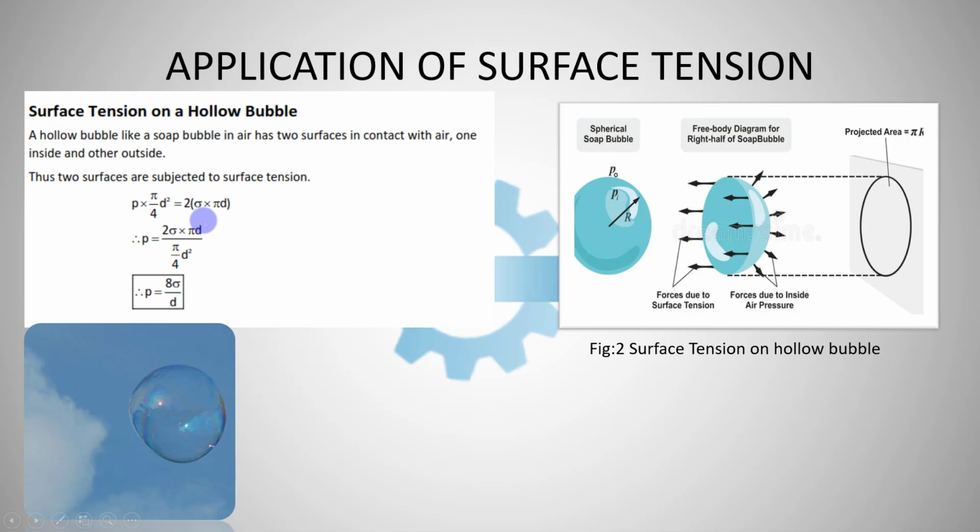Why do we write 2 here? Because I have already told you that here the surface tension will act on the two surfaces. So from here we get P equals 2 sigma into pi d divided by pi by 4 d square. So here P will be 8 sigma by d.